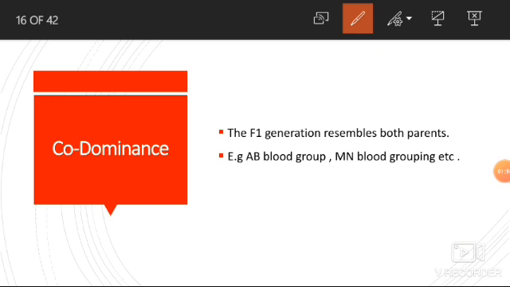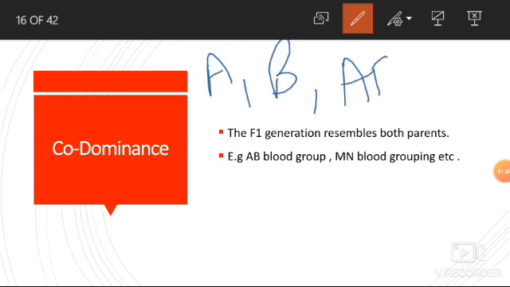We will understand this codominance with the help of the AB blood group example. In ABO blood grouping, 4 types of blood groups are there: A blood group, B blood group, AB blood group and O blood group. These are shown by the genotype.